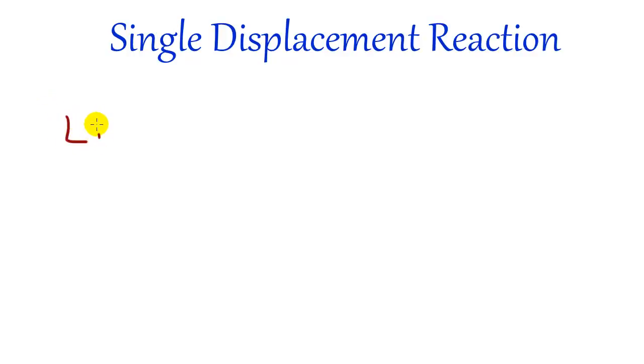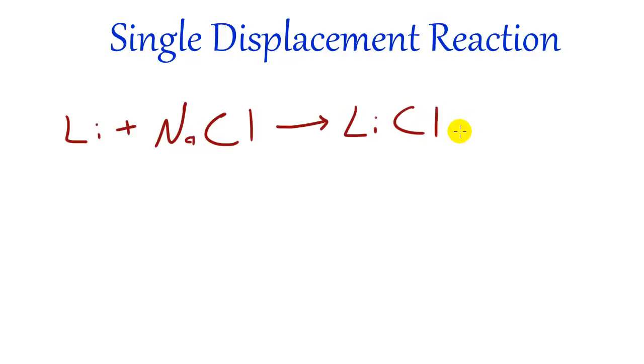Say you have something like lithium. Lithium can combine with Na, which is sodium, and Cl, which is chlorine, and what can happen is that lithium can basically replace the sodium, because the lithium is more active. So you end up with LiCl plus some sodium.